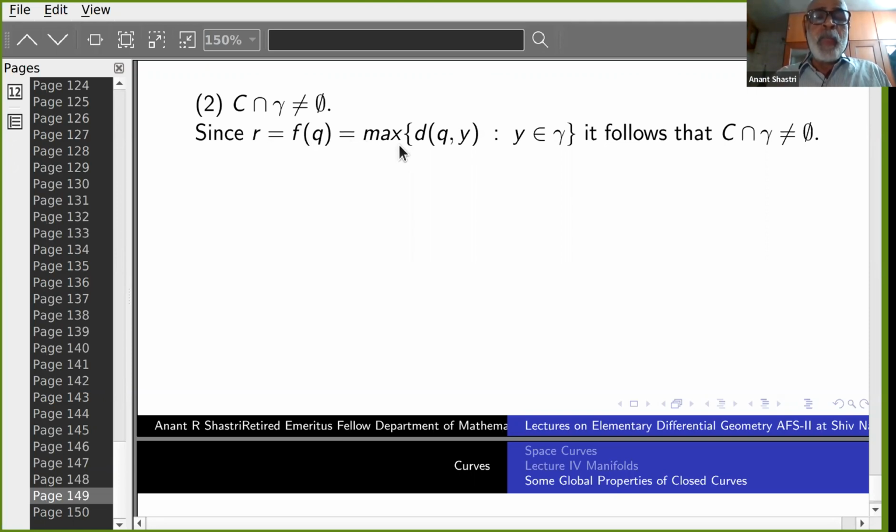FQ is what? Maximum of DQ by the very definition. So if this is maximum, it is attained, so C intersection gamma must be non-empty. That point must be there already. So this is very easy to see.